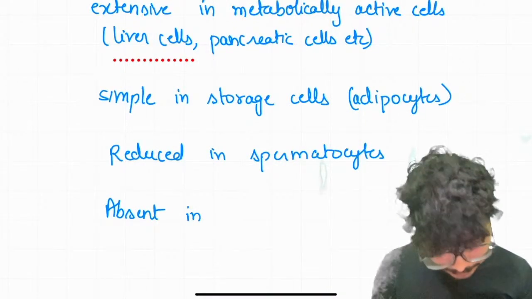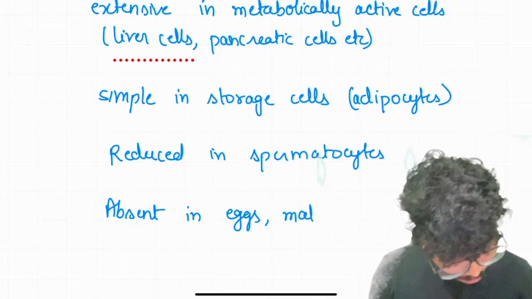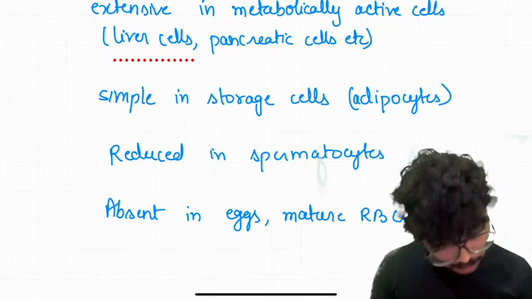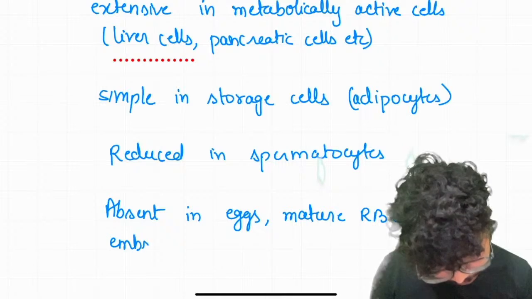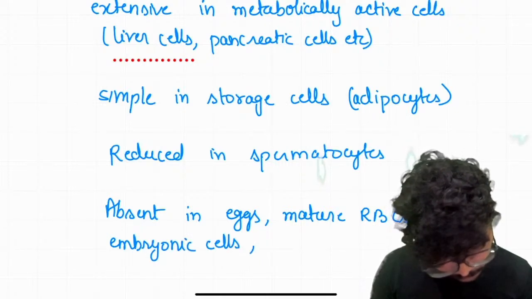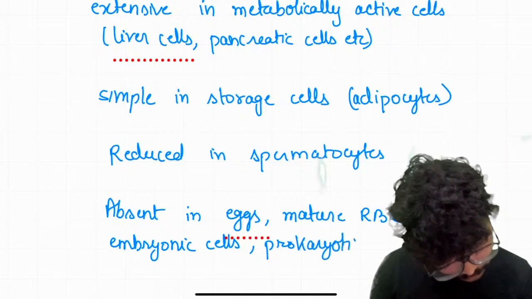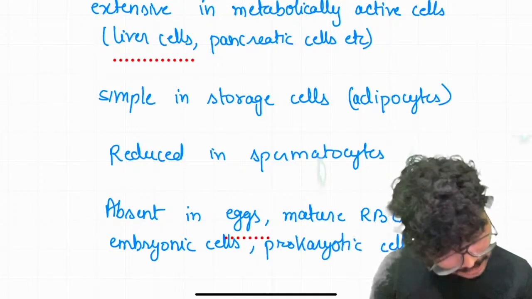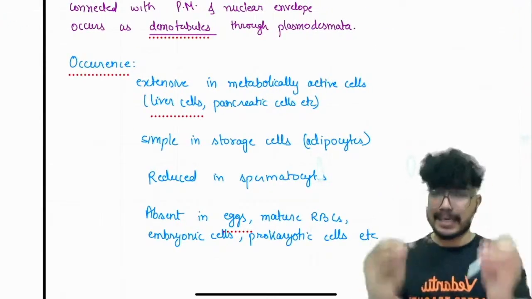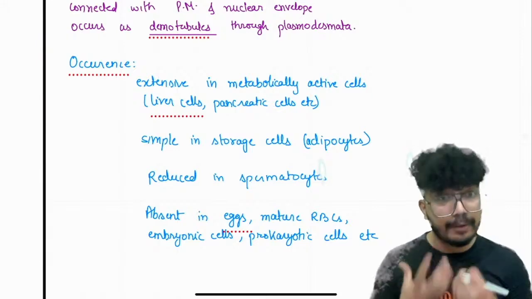So absent in eggs, mature RBC, embryonic cells, prokaryotic cells, etc. Very important, and you can definitely expect a question from this, a very good question, and many students will not be aware of this concept.